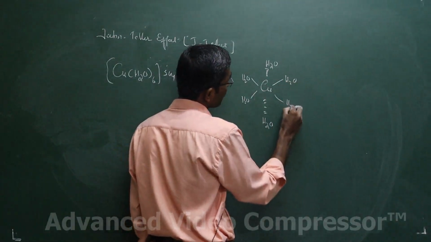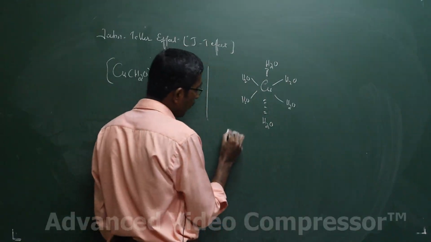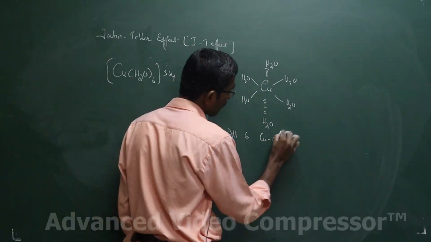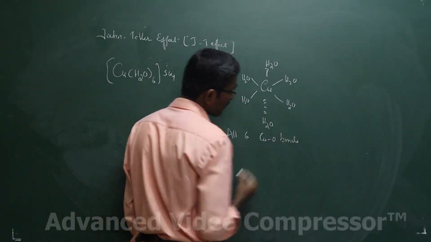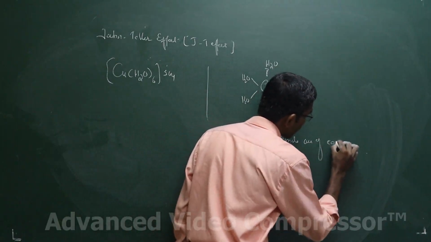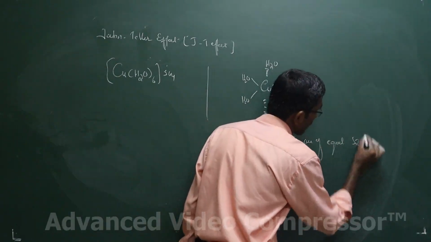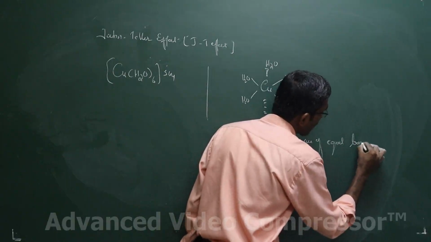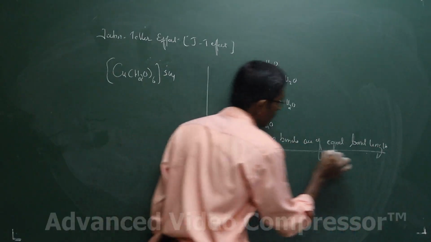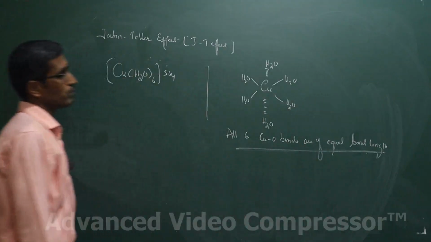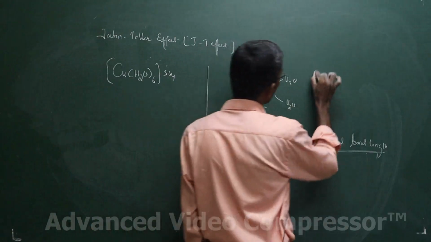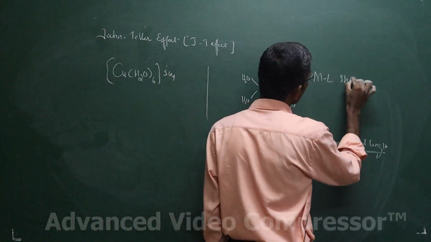So what we are predicting is that all 6 Cu-O bonds are of equal bond length. Do you agree with my point? Because it's a normal octahedral complex, all M-L bond lengths should be the same.